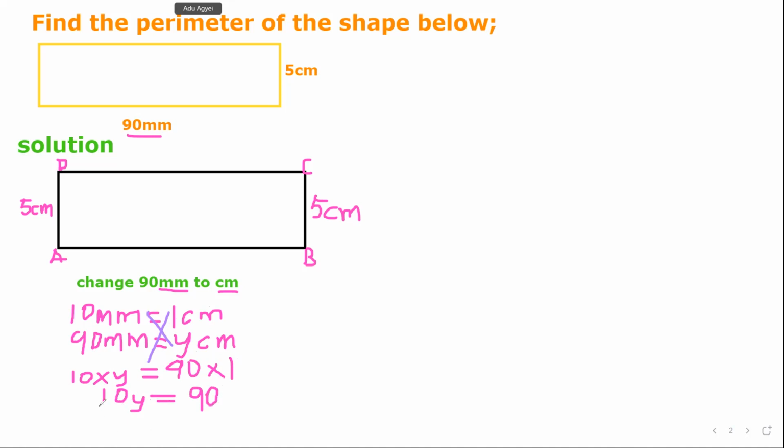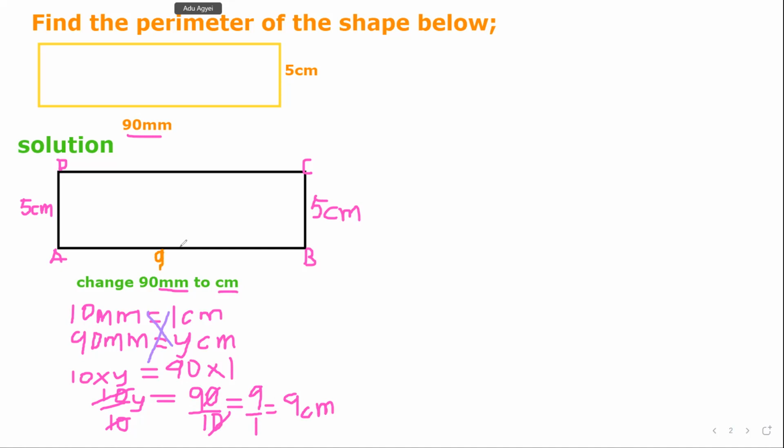So to find the Y, divide both sides by 10, so that the number attached to the Y will be free. The last digit here will cancel the last digit here. Now we have 9 out of 1, and that is 9 centimeters. Okay, now you have gotten our 9 centimeters here.